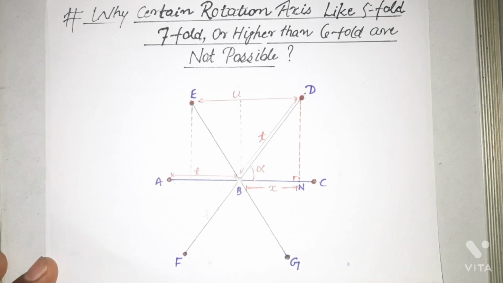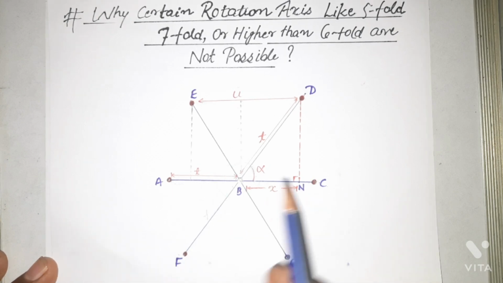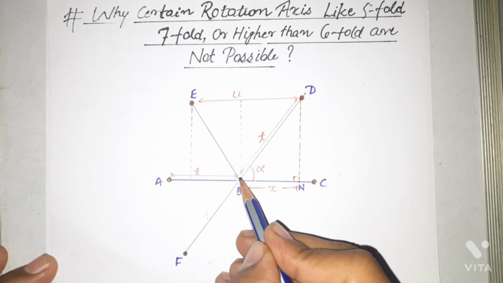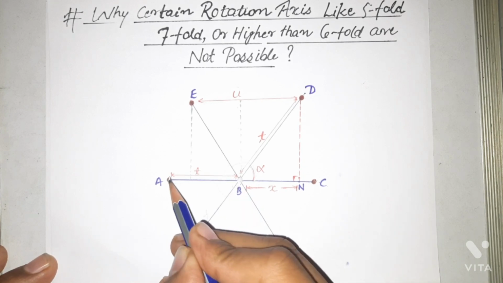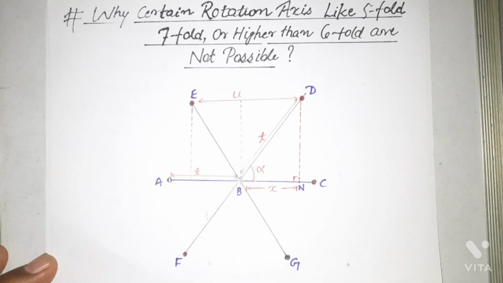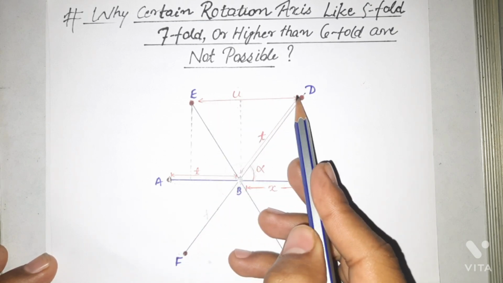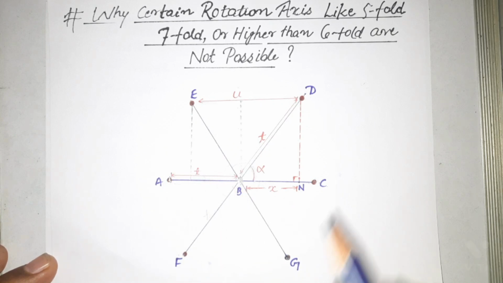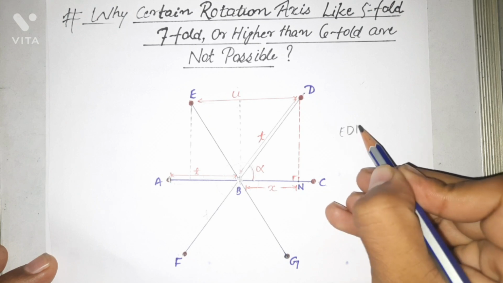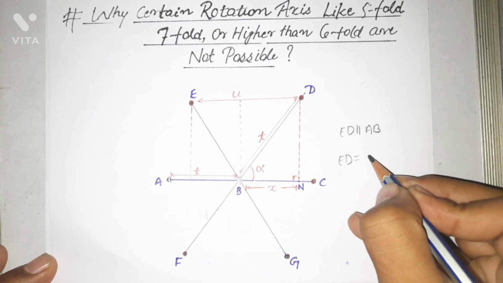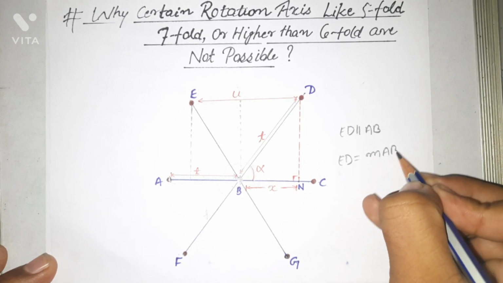Now if you can see, AC and ED, these two are parallel lines. ED is parallel to AC. Now what will happen? AB must be equal to ED or should be a multiple of it. Now if ED is considered to be U and AB is considered to be T, then since ED is parallel to AB, ED should be a multiple of AB or equal to AB.